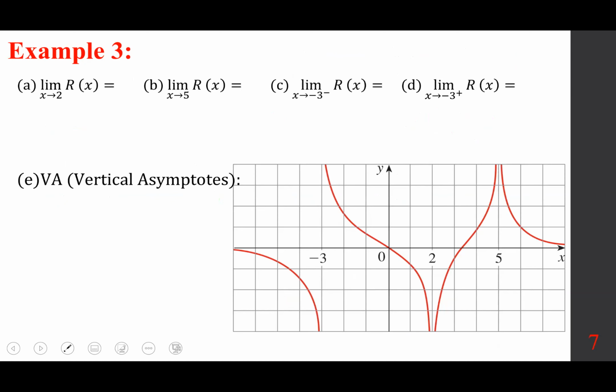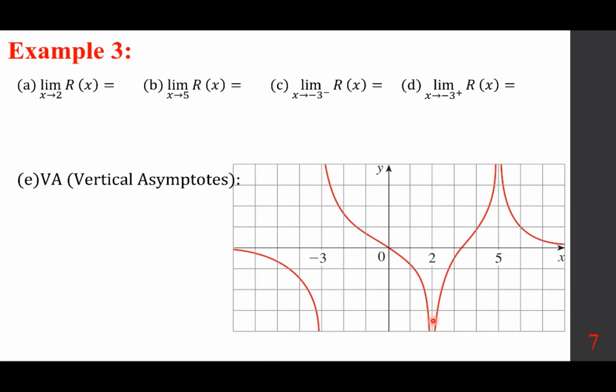We have the graph, and we are interested in finding the limit of r of x as x approaches 2. We look at the graph to make a decision. Here's number 2. From the left of number 2, it's going down to negative infinity. From the right also.